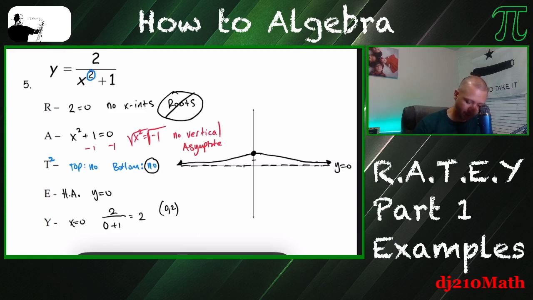If you think about it, if you plug in numbers left and right, -1 and 1. At 1, we're going to get 2 over 1 plus 1, which is basically 2 over 2, which is 1. So we can actually amend our graph.